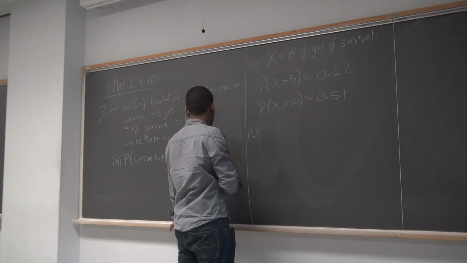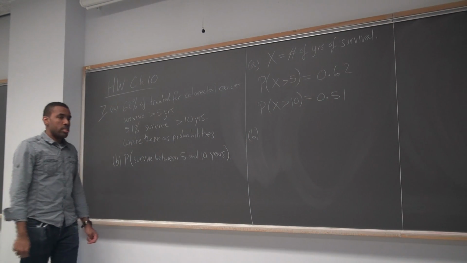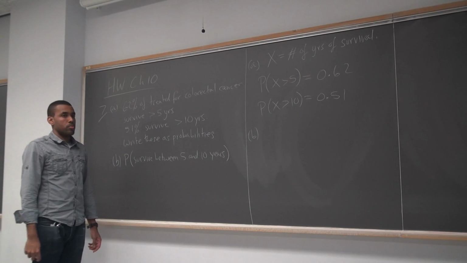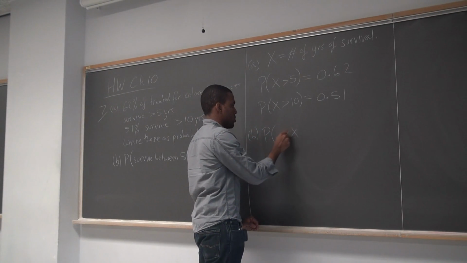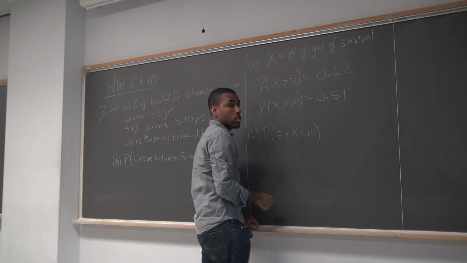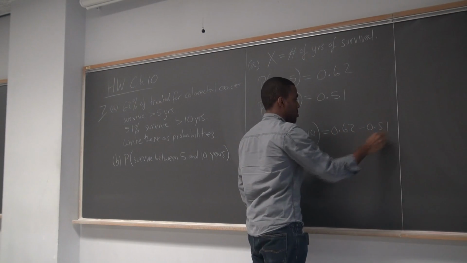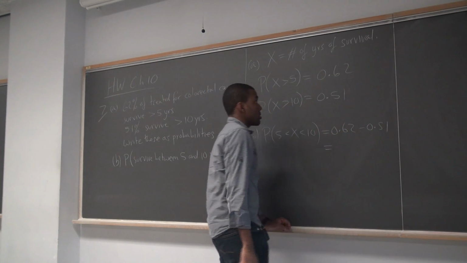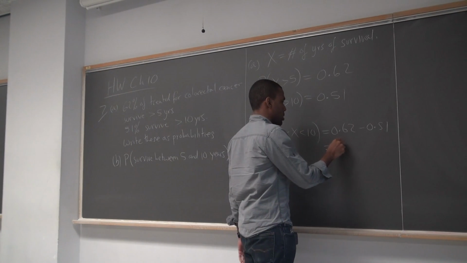Part B. What's the probability that you survive between 5 and 10 years? You subtract 0.62 minus 0.5. So that would be 0.12.